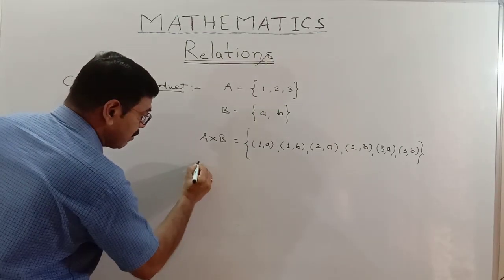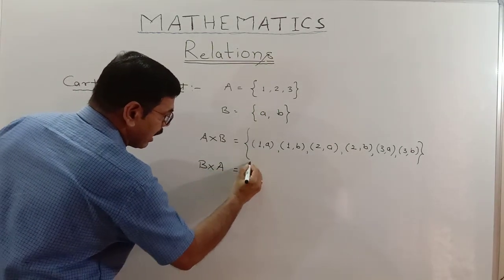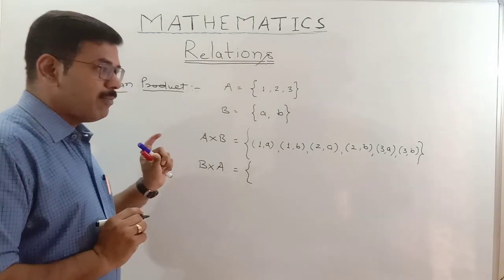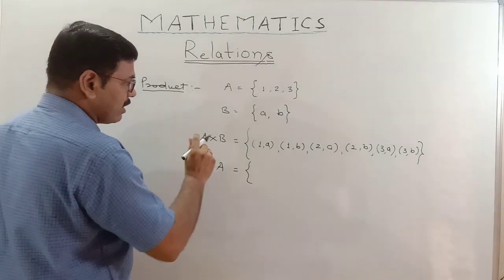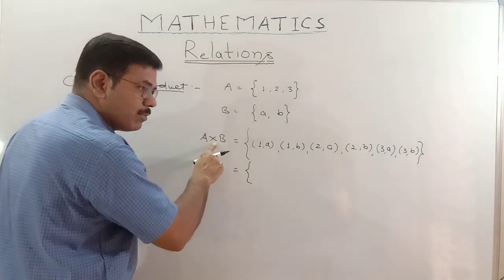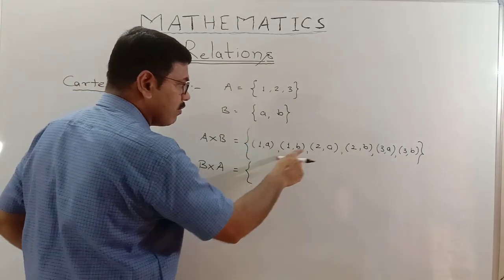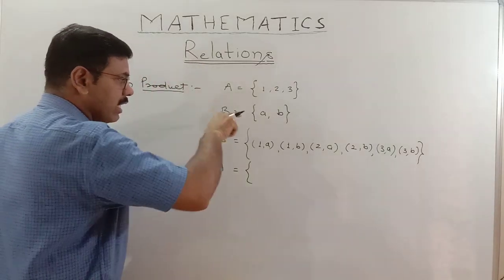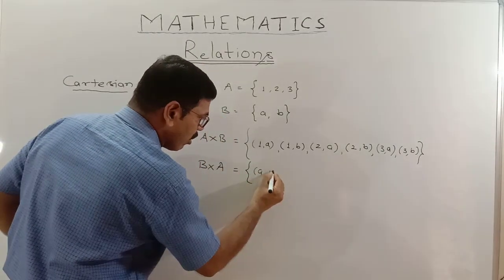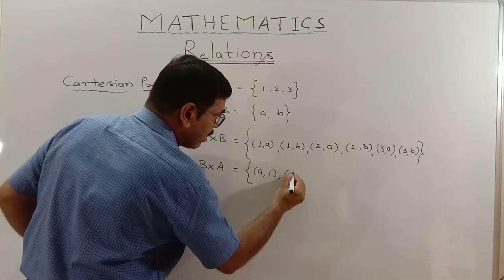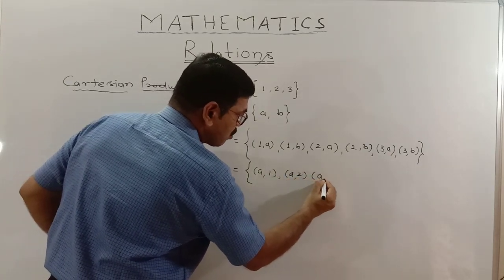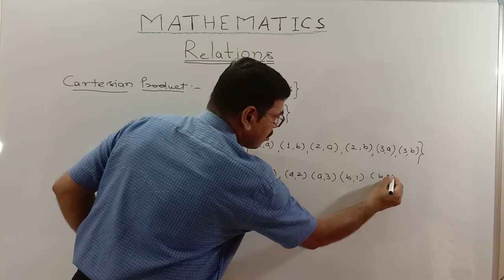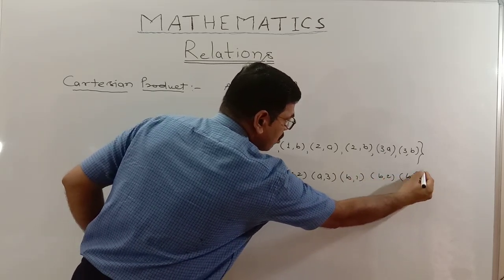You may represent B cross A. Again, it will be ordered pairs. Order in the sense a certain order. In A cross B, the first element of each and every pair will be an element of A. In B cross A, the first element will be an element of B: (a,1), (a,2), (a,3), (b,1), (b,2), (b,3).